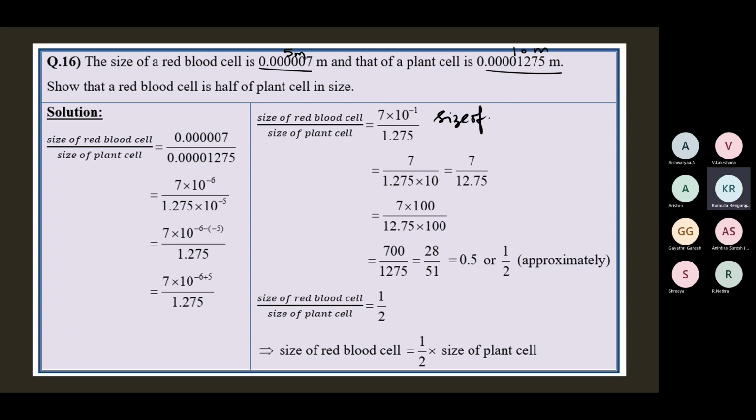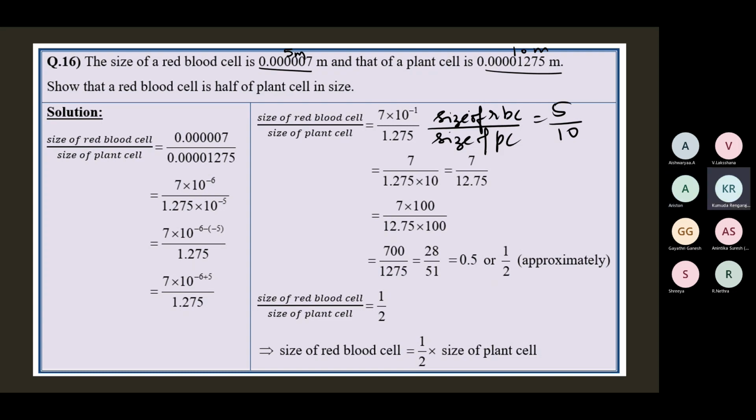So what is the size of a red blood cell by the size of a plant cell? 5 by 10, right? Please help me, children. Is it 5 by 10 or no? Yes, ma'am.